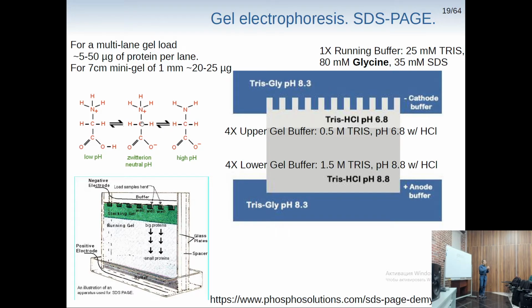And if you have a lot of salt, it will form micelles. And those micelles will hamper the migration of small proteins. It will be all in one line. If you run such a gel, you will have all your proteins of 10 kilodalton and less in one line. There will be no resolution for such small proteins.